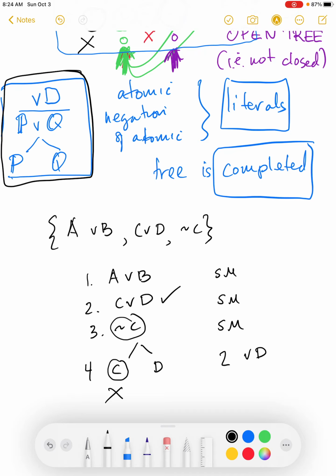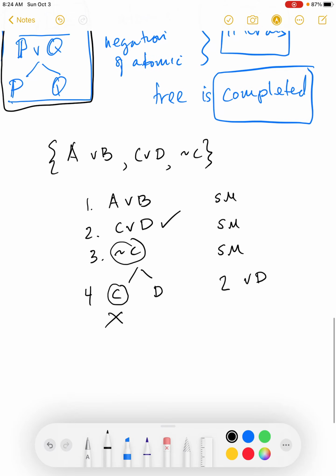The order in which you decompose these sentences doesn't make any difference at all in the outcome, or the truth value assignments you're going to be able to retrieve from open branches, because if we decompose everything that's decomposable, it's going to be an exhaustive and complete search for truth value assignments, regardless of the order in which we decompose stuff. Okay, so now let's go ahead and decompose line number 1.